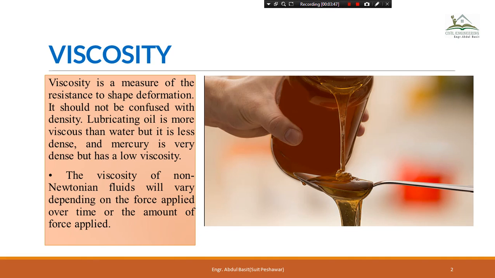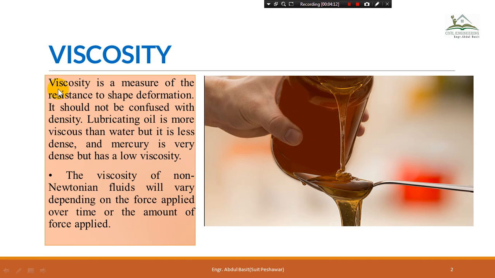When these layers are sliding over each other, some shear force will be acting on them, and that shear force is greater in the case of honey. Why? Because the layers feel more friction and more shear force is required to move one layer over another layer.